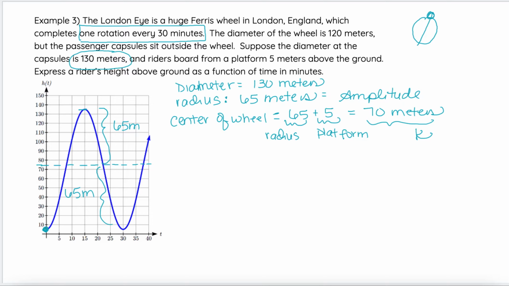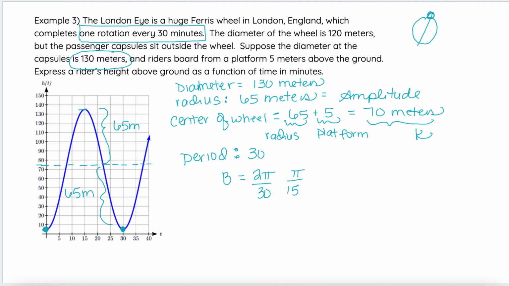So from where we start, how long it takes until we start to repeat our pattern again, our period in this case is 30. But we need to know what is the b value. So using the formula, b is equal to 2 pi over 30 or pi over 15.